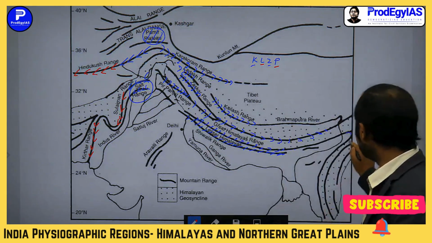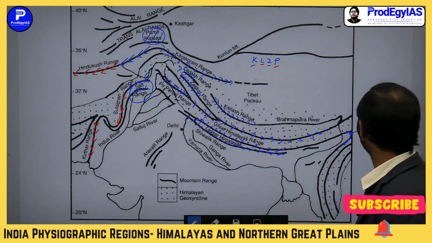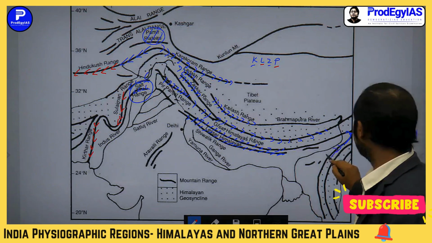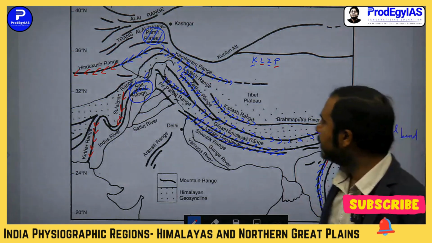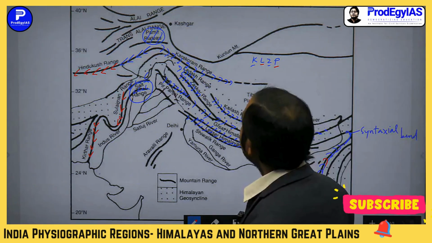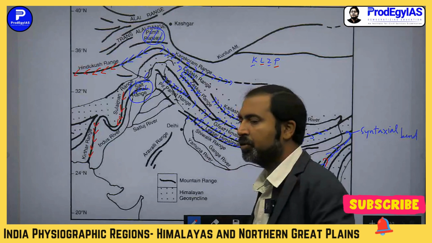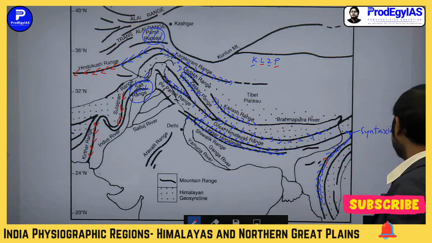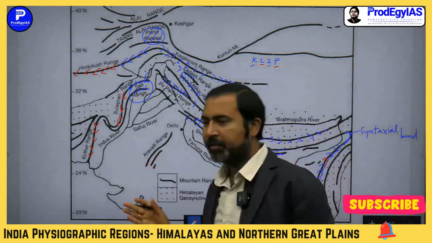Then south of this syntaxial band is the Purvachal Himalaya. So again and again, you have to focus on these mountain ranges, because most of the questions you will see come from this section. This is helpful not only for your prelims but also for your mains.